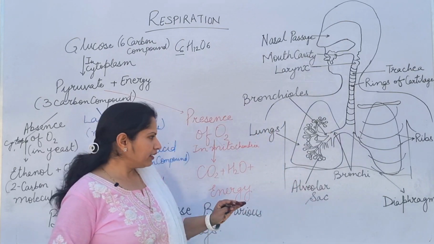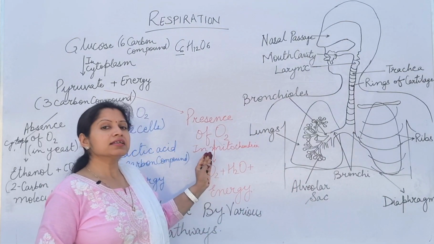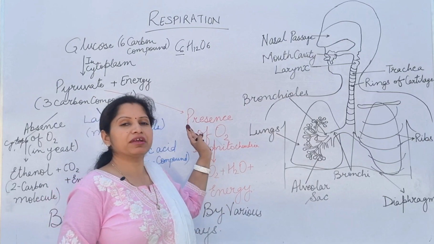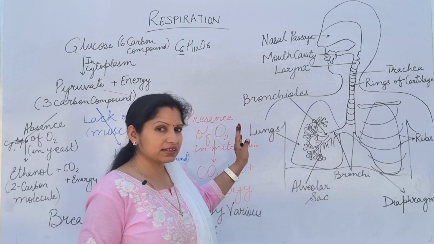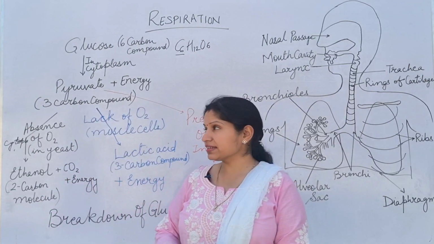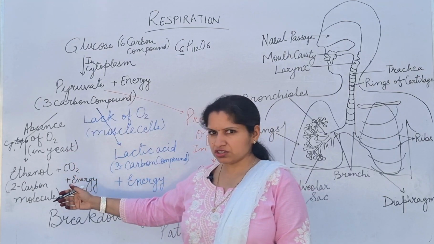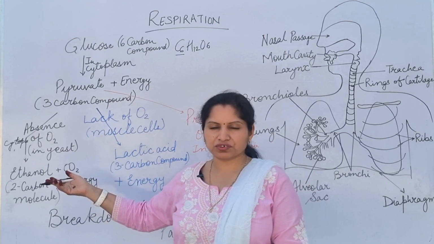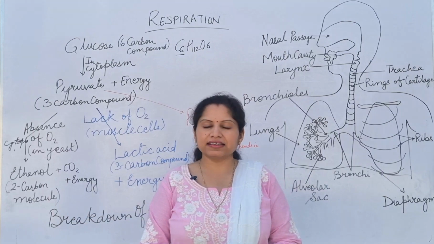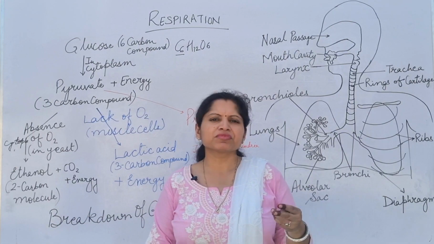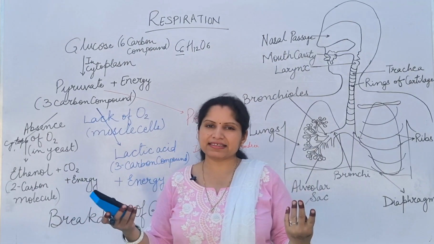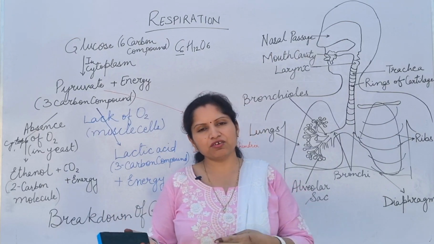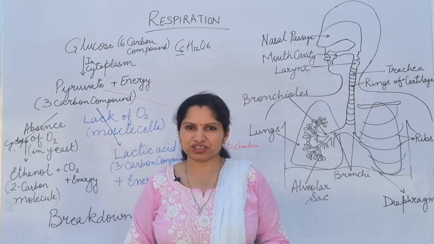Okay. In case of aerobic respiration, the second step of respiration, that is breakdown of pyruvate, takes place in the mitochondria. Whereas in case of anaerobic respiration, the second step as well as the first step both take place in the cell cytoplasm only. Okay. Next point, if required, you can write the example of organisms performing aerobic and anaerobic respiration.